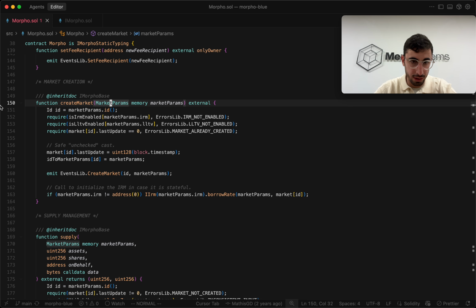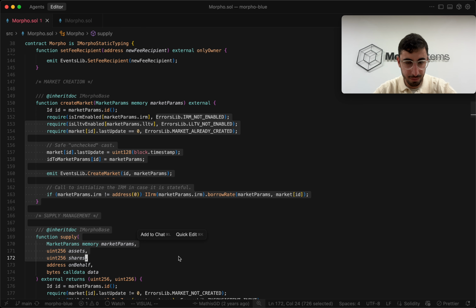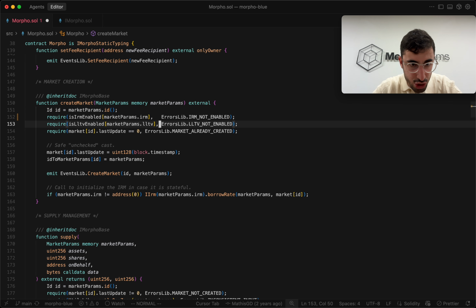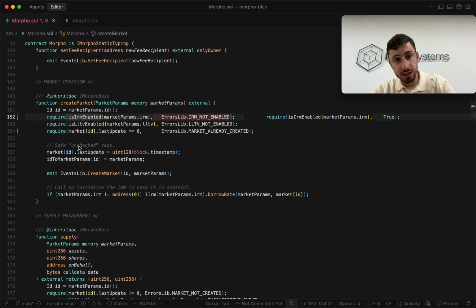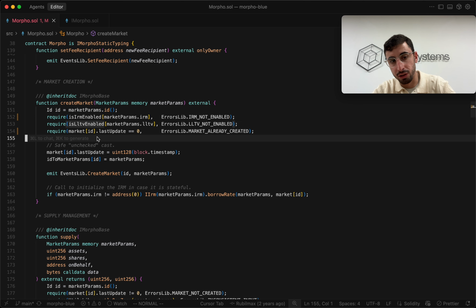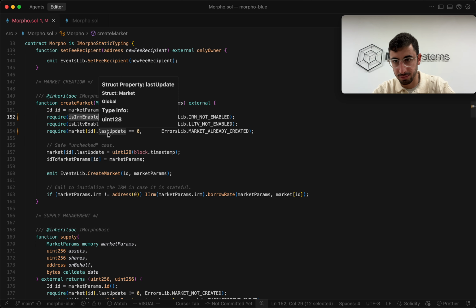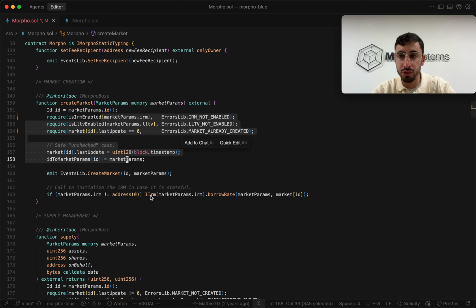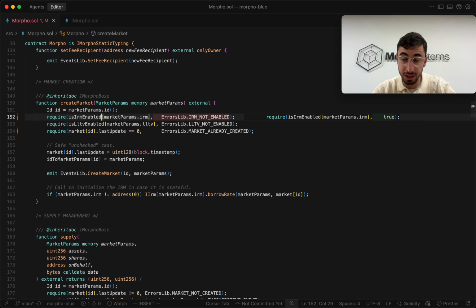So one thing is, if you look into create market, you can see it's checking a couple of things. So the first thing is it checks, is the interest rate module or interest rate model enabled? And this has to be approved by governance, by the Morpho governance.